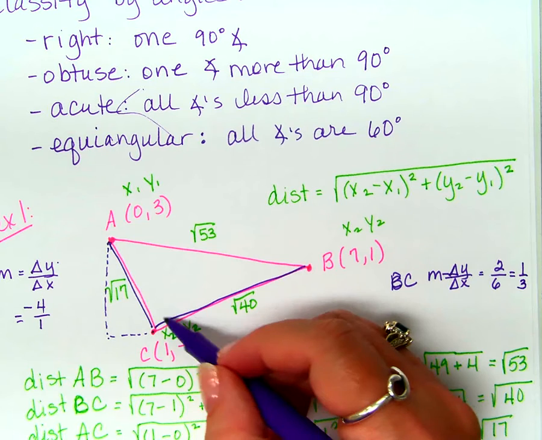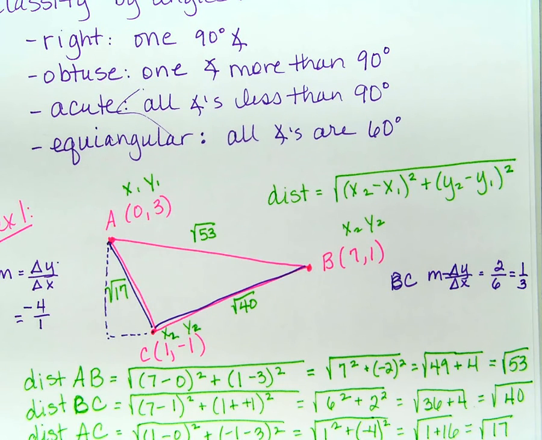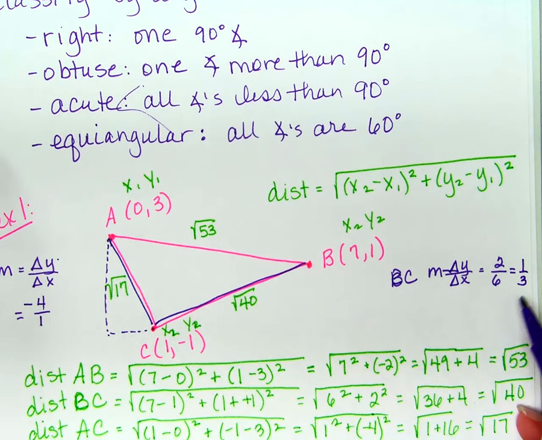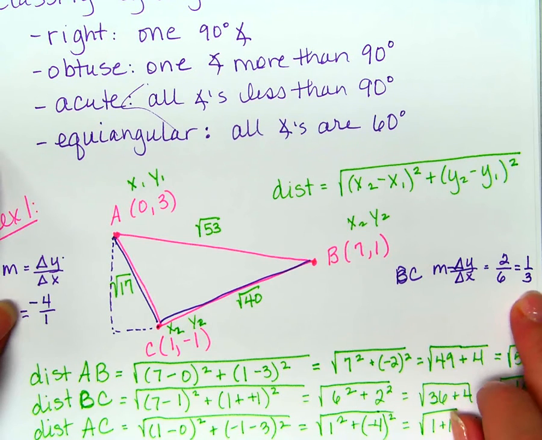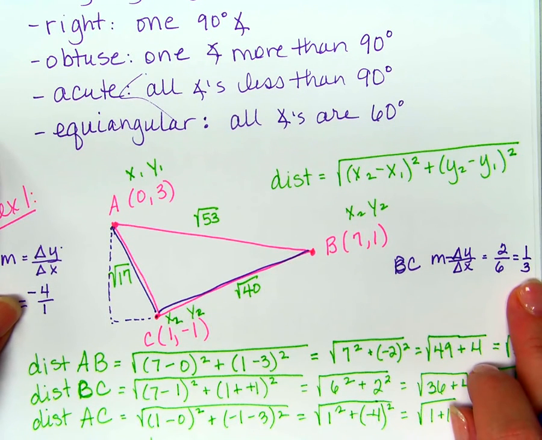We know it's not 90 degrees, but how do you know it's less than 90 degrees? Because it's not open like this. It's not open wide, right? It's smaller right here, but it has something to do with these slopes.